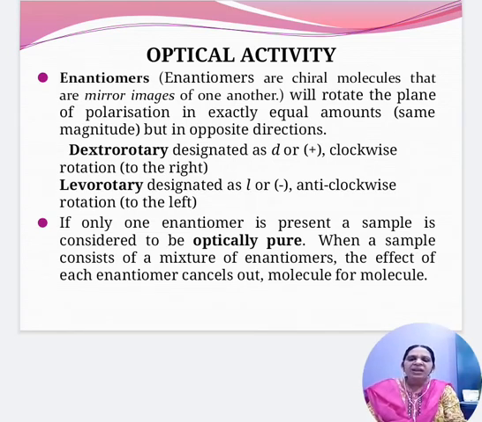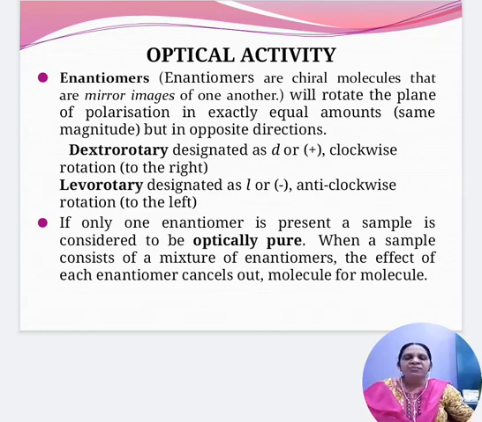If only one enantiomer is present in the sample, it is considered to be optically pure. When a sample consists of a mixture of enantiomers, the effect of each enantiomer cancels out molecule for molecule.